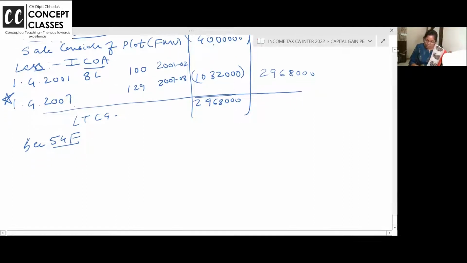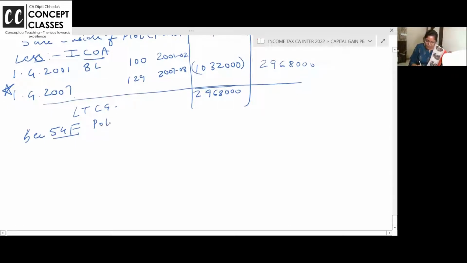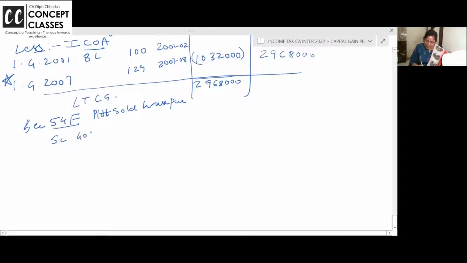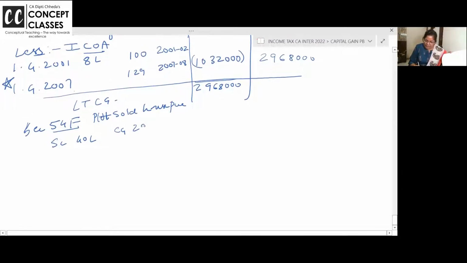54F. Write down, all of you. Plot sold, house purchased. What is the sale consideration? 40 lakhs. What is the capital gain? 29 lakhs 68,000.